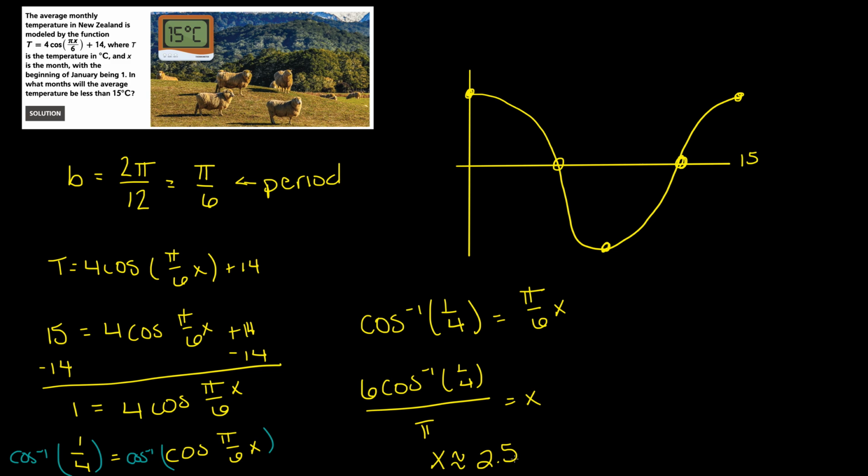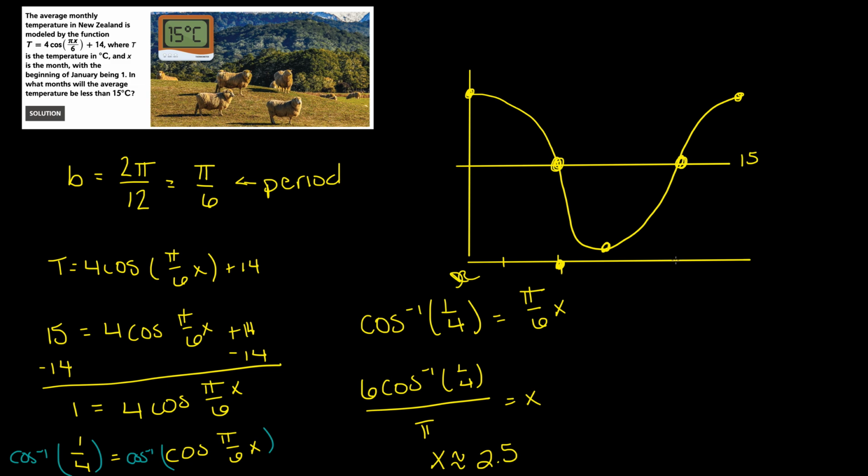Well, this tells me that x is approximately 2.5, but what does that really mean? Well, x was in months. So at approximately 2.5 months, we hit 15. So again, this is my midline. This is my x because we do increase it. Within 2.5 months, that's about middle of February, because this is December, we would see it here.